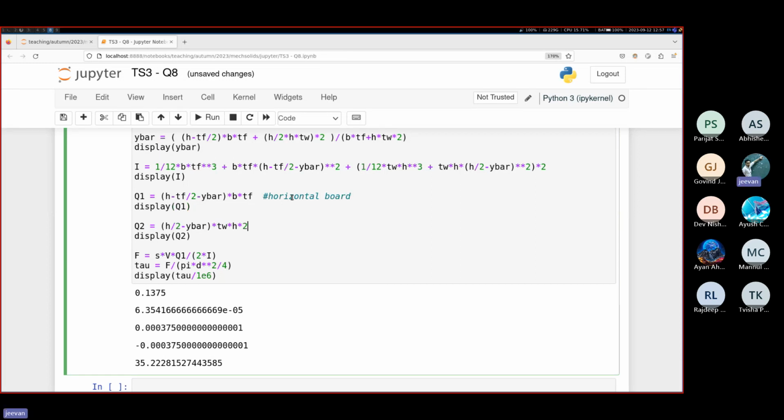And for this, I have taken both the vertical boards. It is both the vertical boards because here is a multiplication by 2. So you see here, this multiplication by 2, that is why. Okay, so that's how I go about doing it.